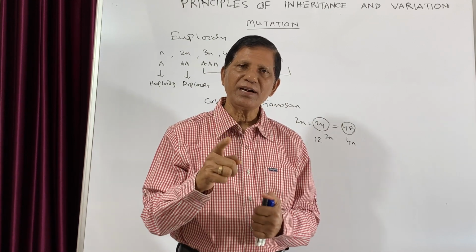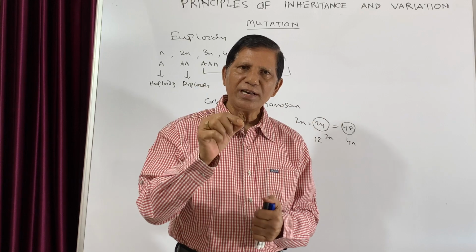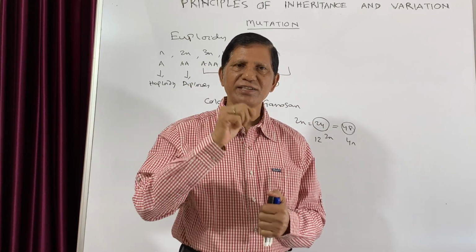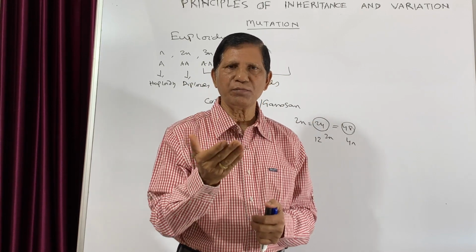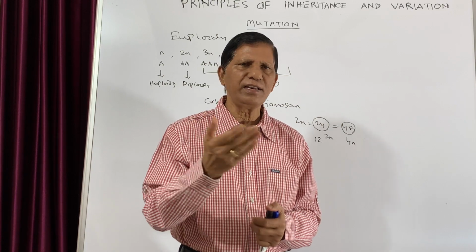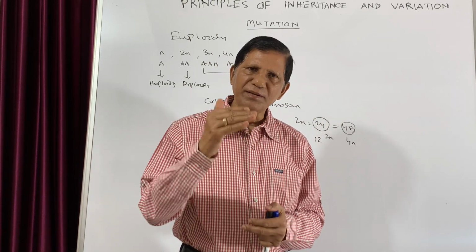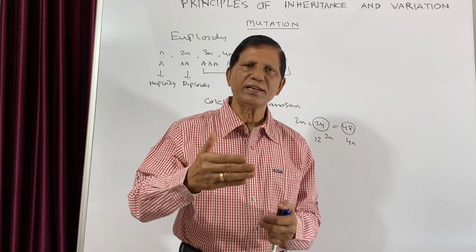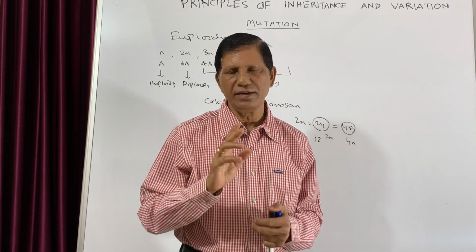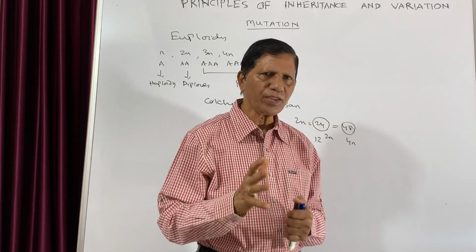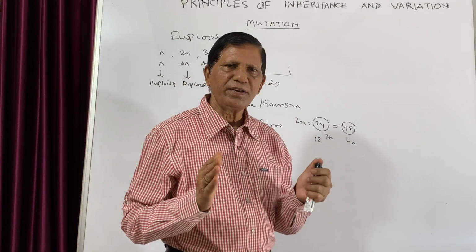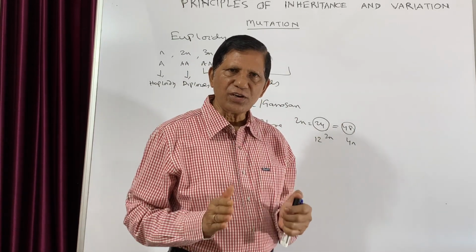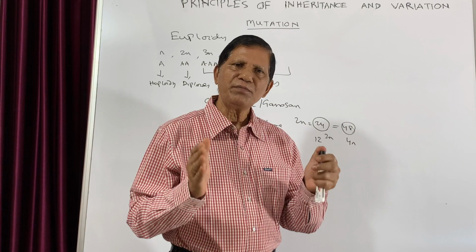Because each plant has a ploidy tolerance level. Some plants can tolerate 4n, some can tolerate 6n, 8n. That is the limit. That is why you cannot increase to any level. That limitation is there. So polyploids usually play a very important role because polyploids are usually fertile.